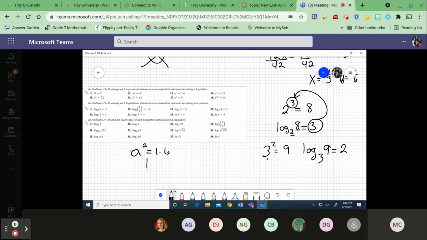So my subscript is going to be the a, that's the base, of 1.6 is equal to 2.